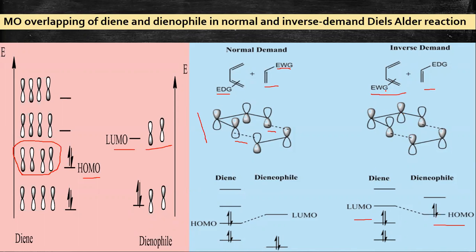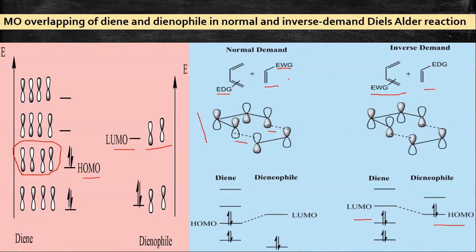Due to the presence of the electron withdrawing group, the LUMO of the diene would come lower in the energy diagram, and the HOMO of the dienophile, due to the presence of the electron donating group, would go higher in the energy diagram.